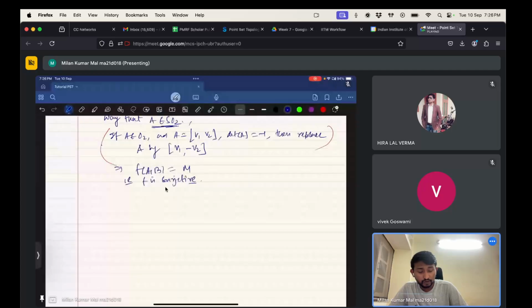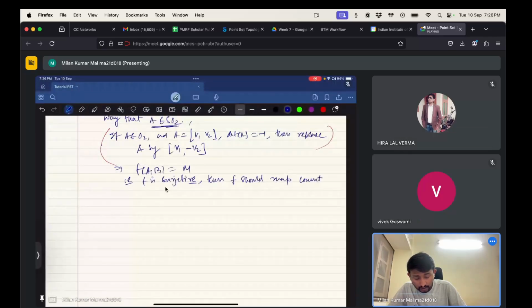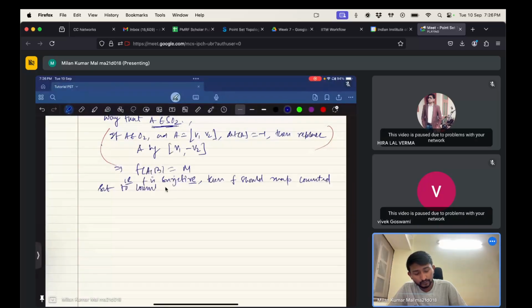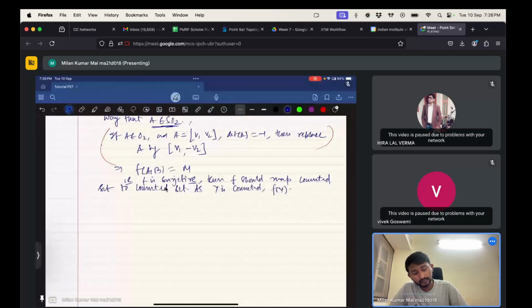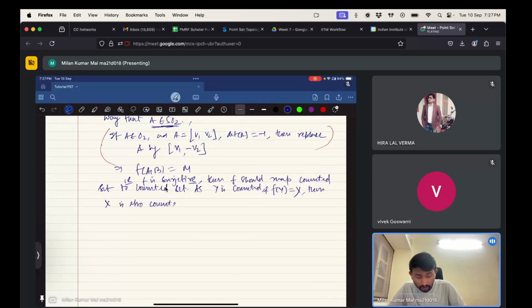Then f should map a connected set to a connected set. As Y is connected, and f of Y is equal to X, X is also connected. So this completes the proof.